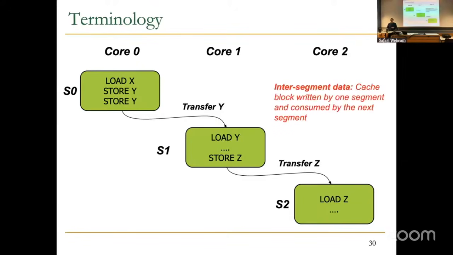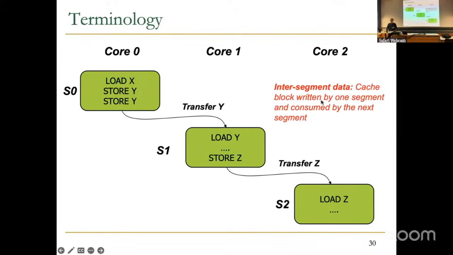So let's define some terminology. I'm going to define intersegment data as a cache block. We're going to still operate on cache block granularity, since things operate on cache block granularity today. But maybe if you go into processing in memory, we should not be thinking of cache blocks, right? It's good to, let's say, destruct some of these concepts as we go into different environments. But we are still processor-centric in this.